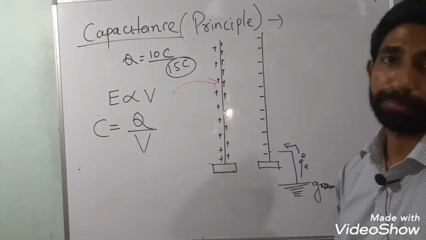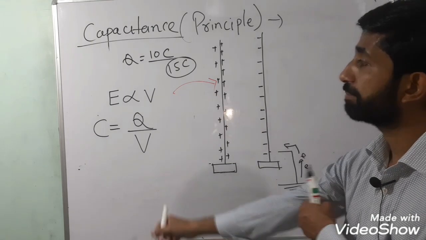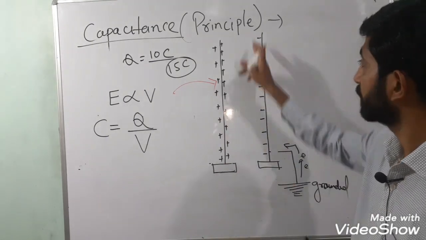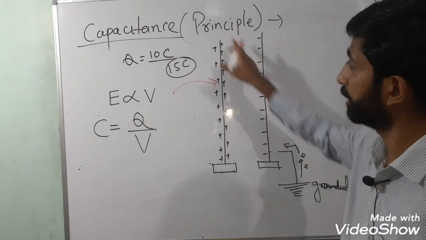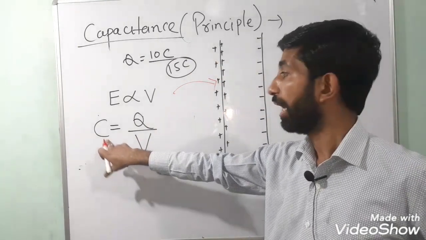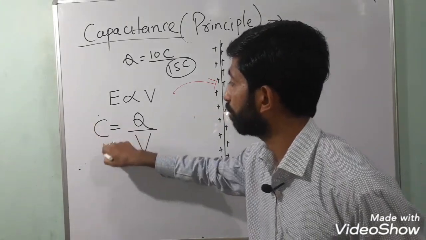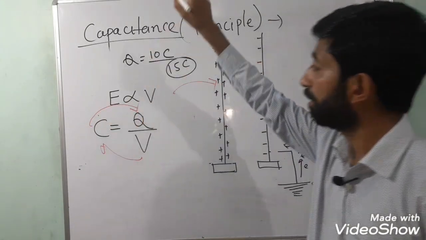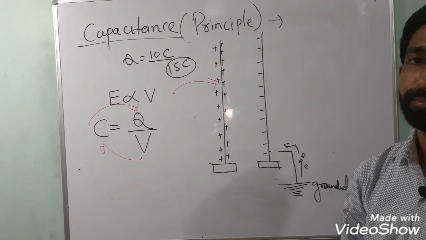This conductor only. Now this method has been working more efficiently. This negative charge has reduced its potential so that its capacity increases, and if capacity increases, so what happens? It can store more quantity of charge now.